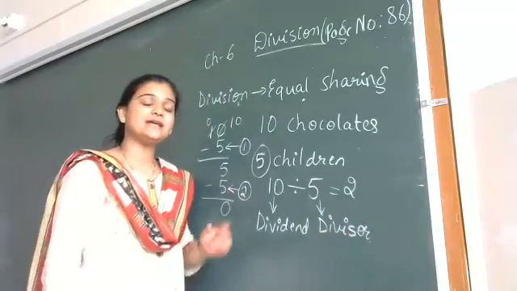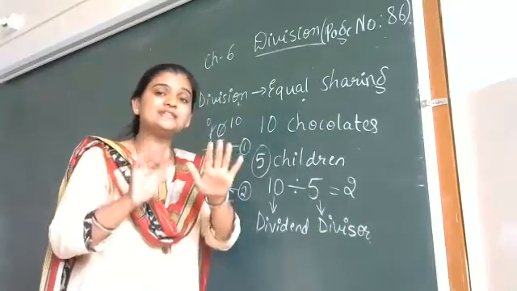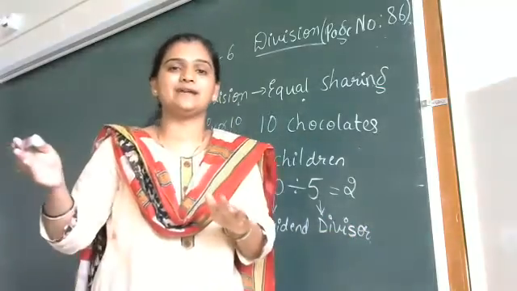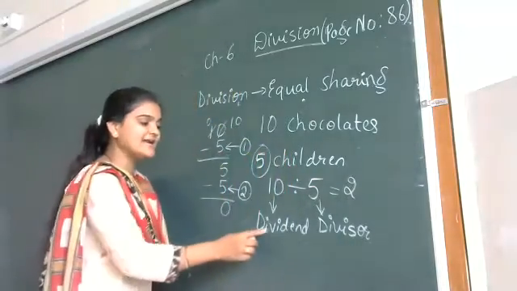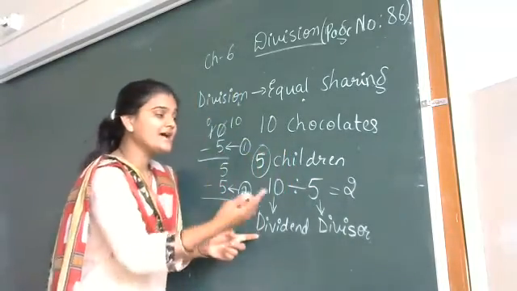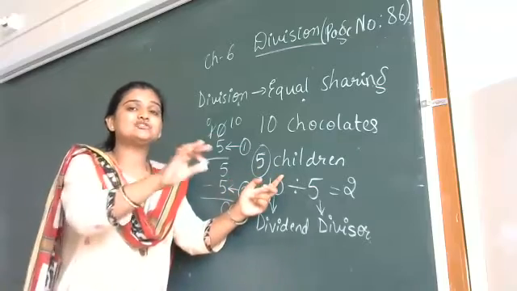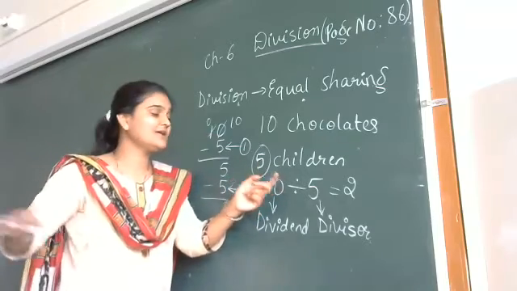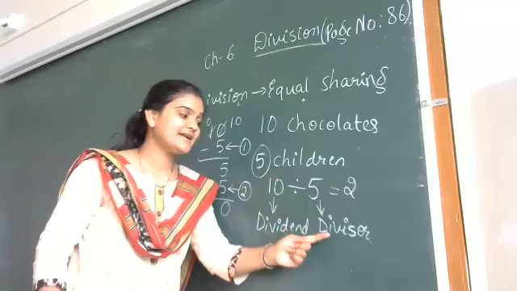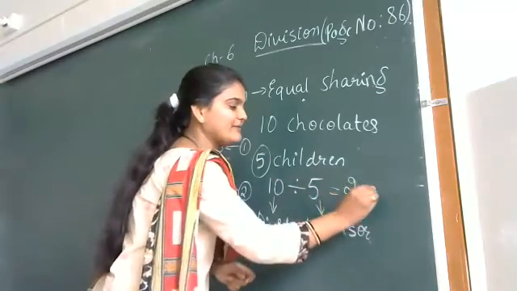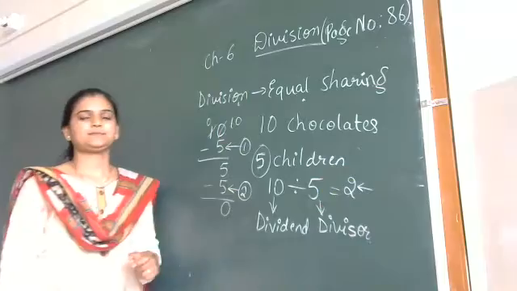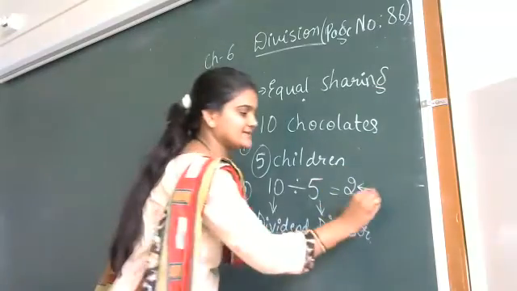Did you understand? There are 10 chocolates that have to be divided. The number that has to be divided is known as the dividend. There are 5 children, so 5 is the divisor. The answer you get is known as the quotient.